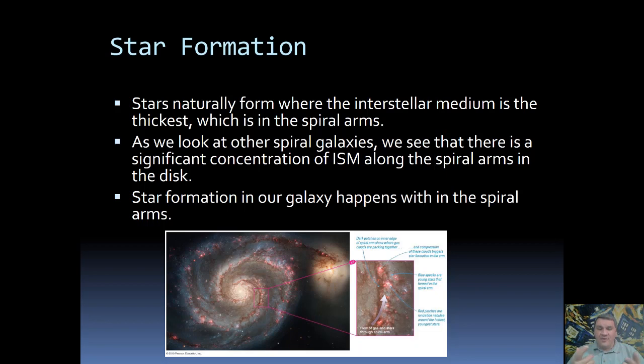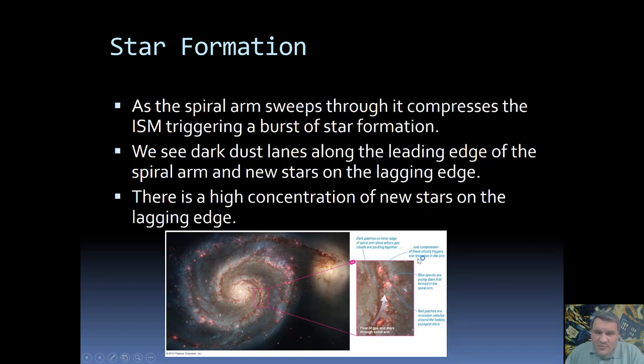So as we look at other galaxies, in this case a picture of the Whirlpool galaxy, because it looks like a whirlpool, as we look on the edge of the spiral arm through here, this is exactly what we see happening. On this zoomed-in image, we see on the leading edge of the spiral arm, it is dark. This is dark nebula forming.